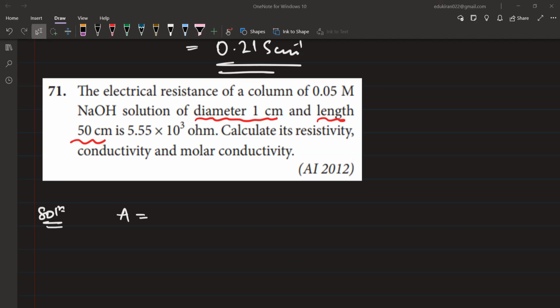So area will be what? Diameter is given, so pi r square. So pi into 0.5 centimeter square. Calculate the area.